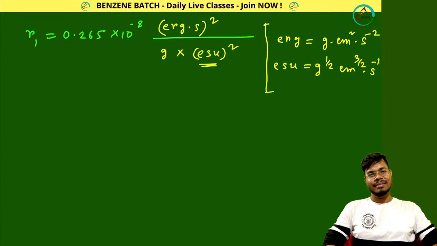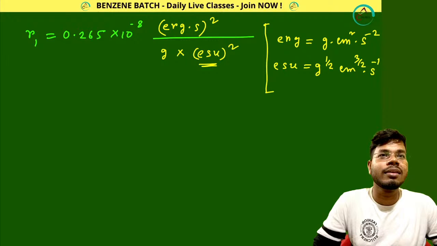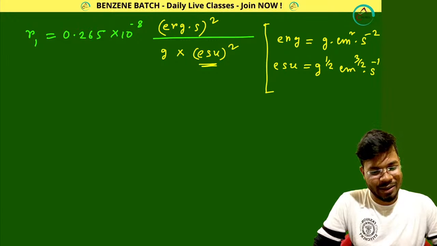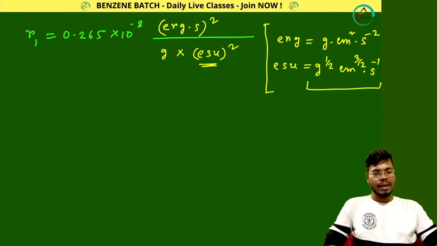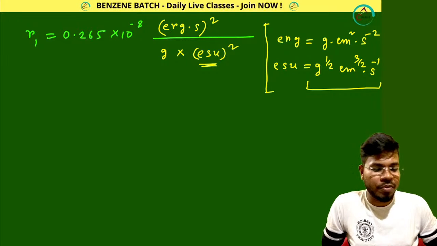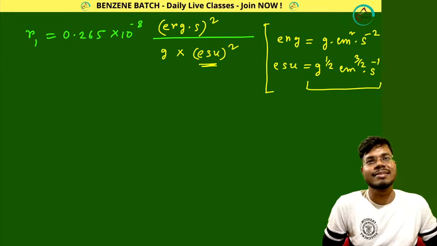Remember this one. Using dipole moment, ESU means gram to the power half, centimeter to the power 3/2, second to the power minus 1. So you need to remember these things.